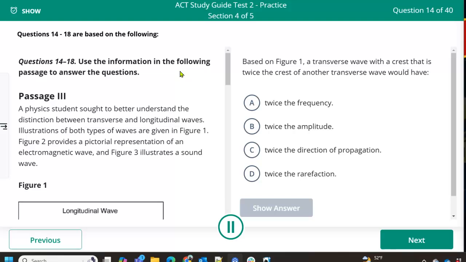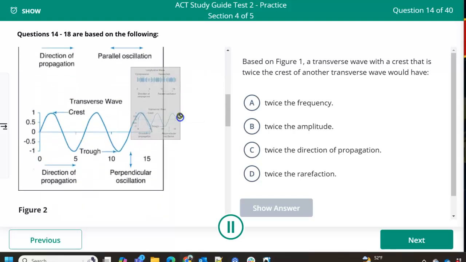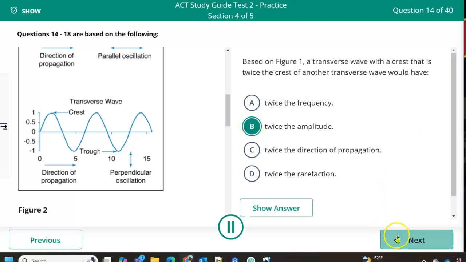We probably don't need to read any more of that just yet, but based on figure 1, a transverse wave with a crest that is twice the crest of another transverse wave would have, well, okay, so amplitude is the distance from the midpoint to the top or bottom of the wave. So if the crest was twice the crest of another wave, then you would have twice the amplitude.